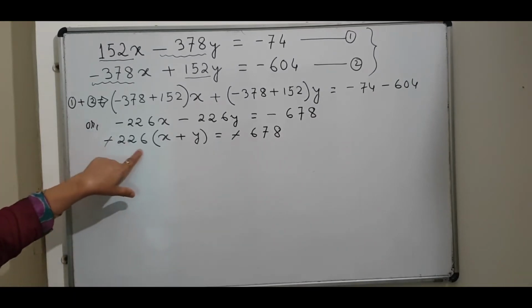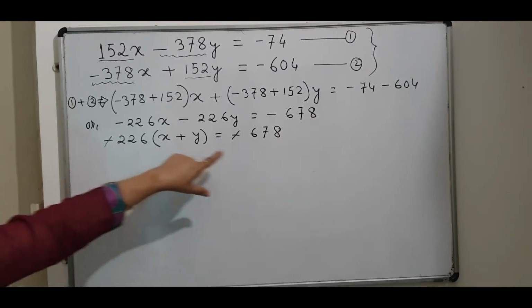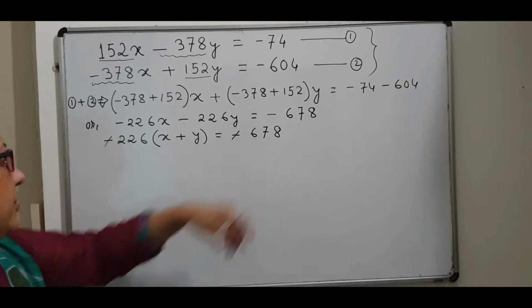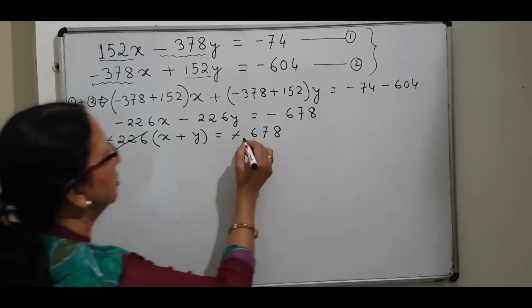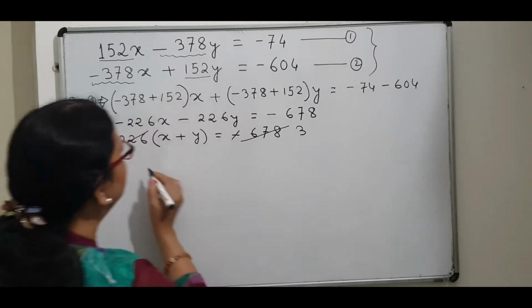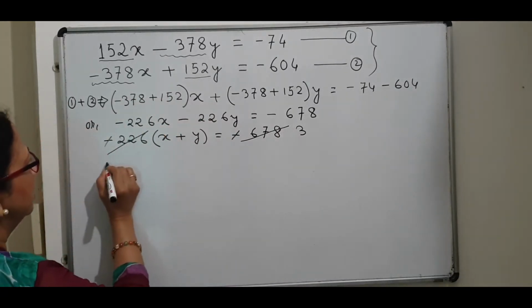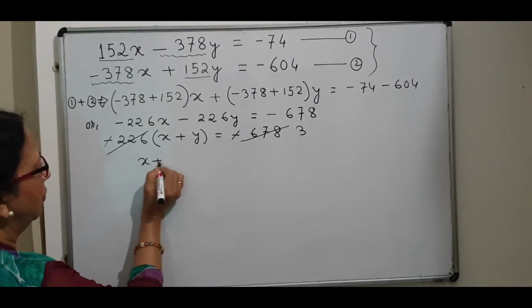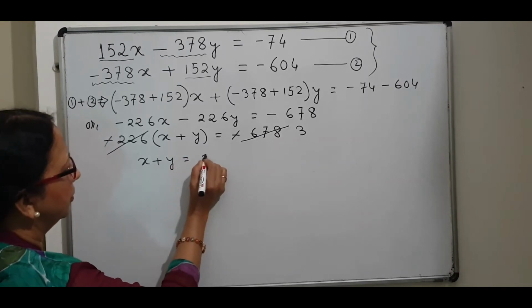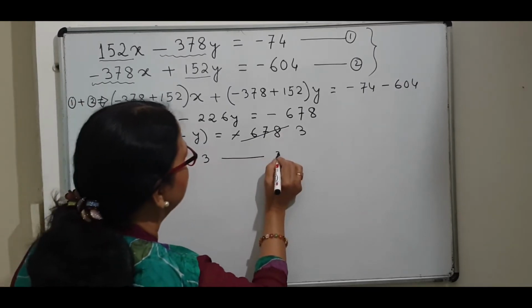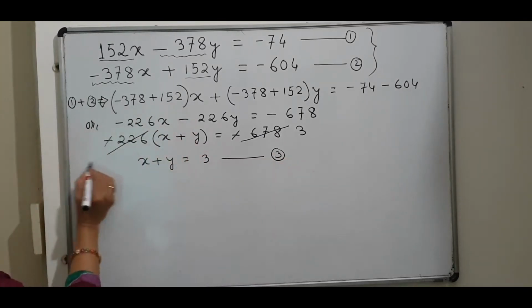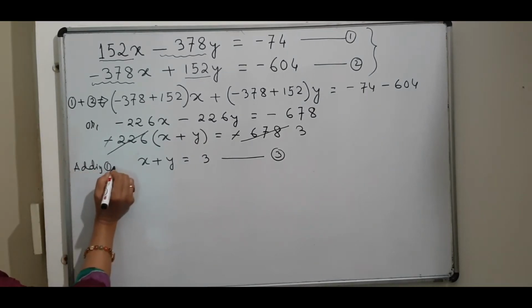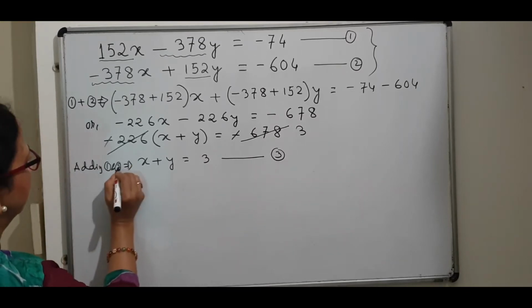If you multiply 226 by 3, it is 678, so it will go by 3. So if I cancel this, I am getting a very simple equation, x plus y is equal to 3. That is equation 3, from adding 1 and 2.